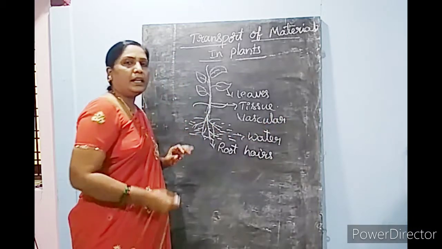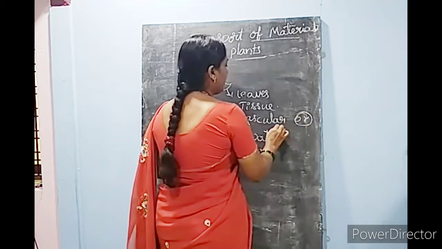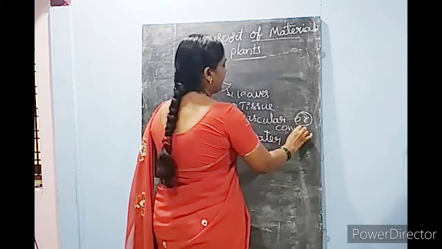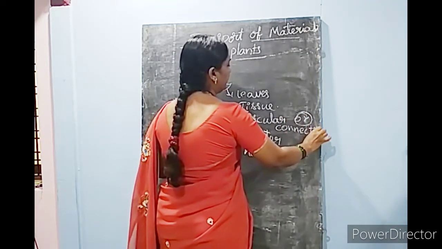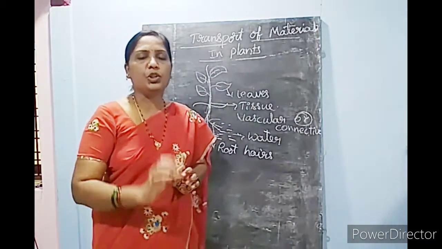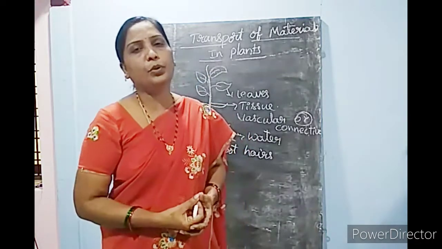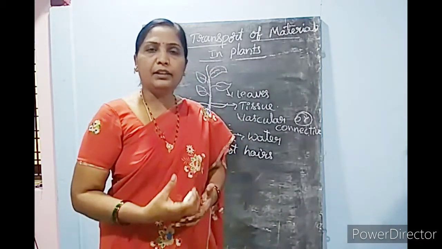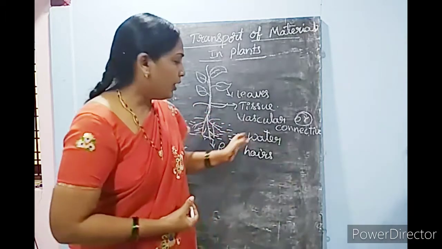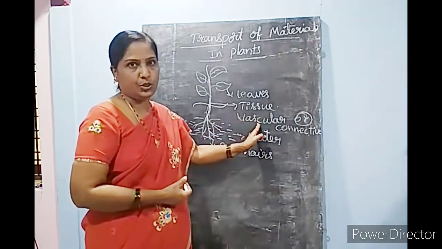or connective tissues. Connective means it is connecting the roots to the other parts. It is transporting the water and other minerals. All this gets transported by the vascular tissue.